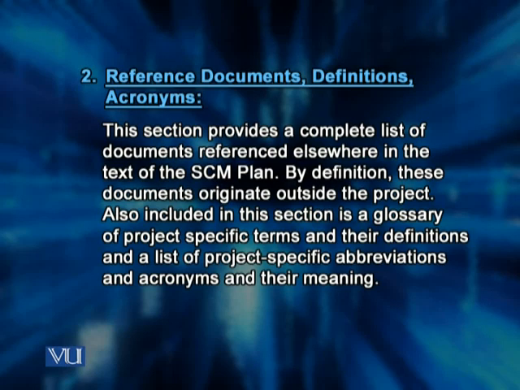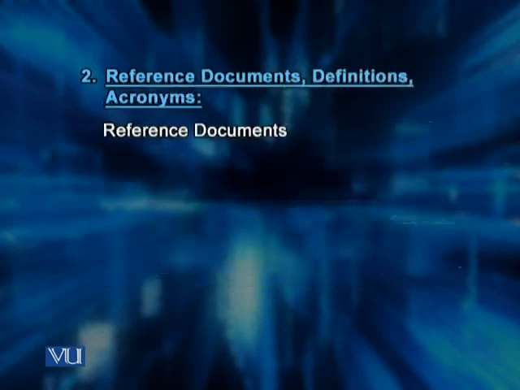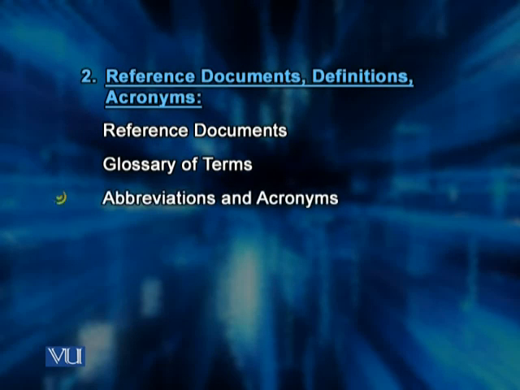Also included in this section is a glossary of terms and their definitions, and a list of project-specific abbreviations and acronyms. So if you carefully decompose this section, you can come up with three subsections titled reference documents, second is glossary of terms, and third is abbreviations and acronyms.